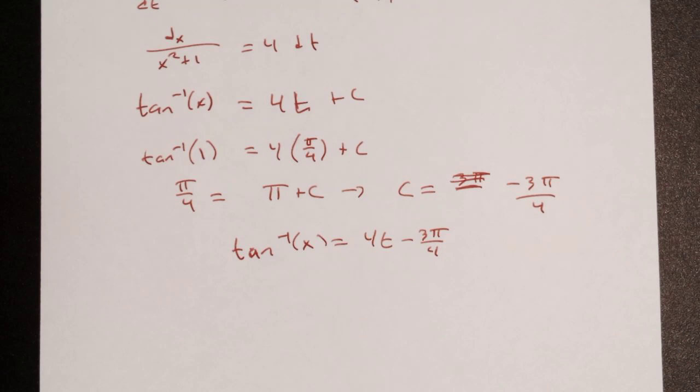How do I get x all alone there? I don't have to draw it. What's tangent on the other side?